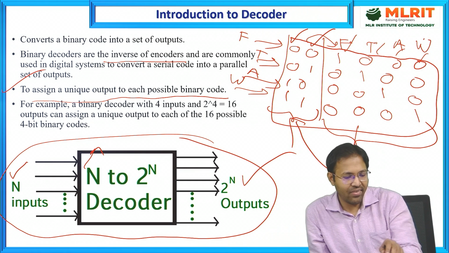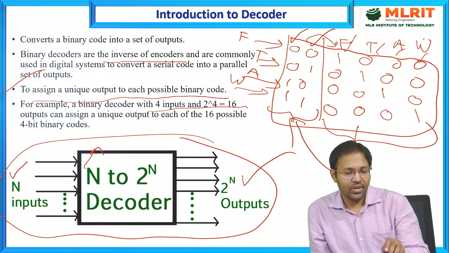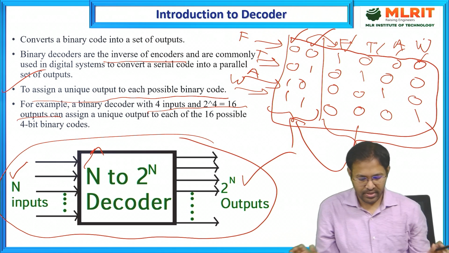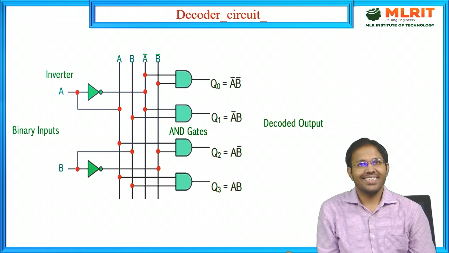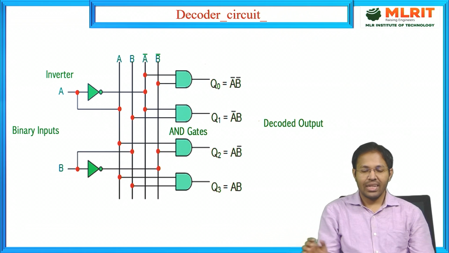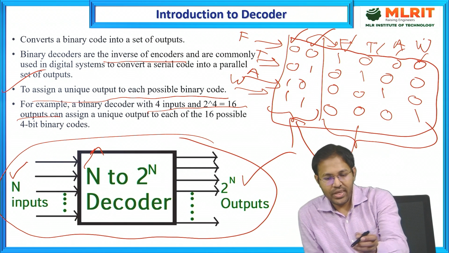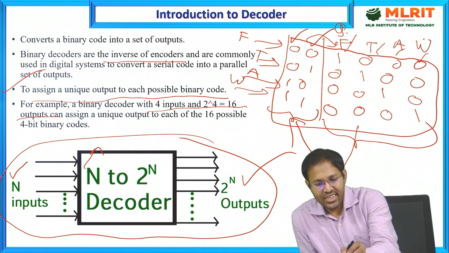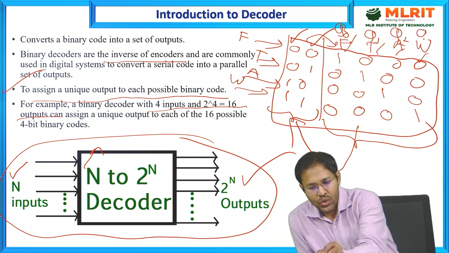Hence, we have this point. Here we have an example for 4 inputs; we would have 2 power 4, that is 16 outputs. Now, let us discuss the decoder circuit diagram. This is the circuit diagram for the decoder. We can represent the outputs in general as Q0, Q1, Q2, Q3.